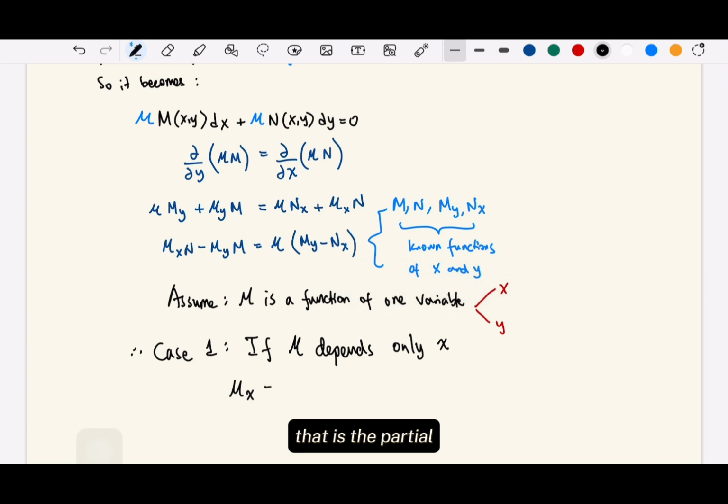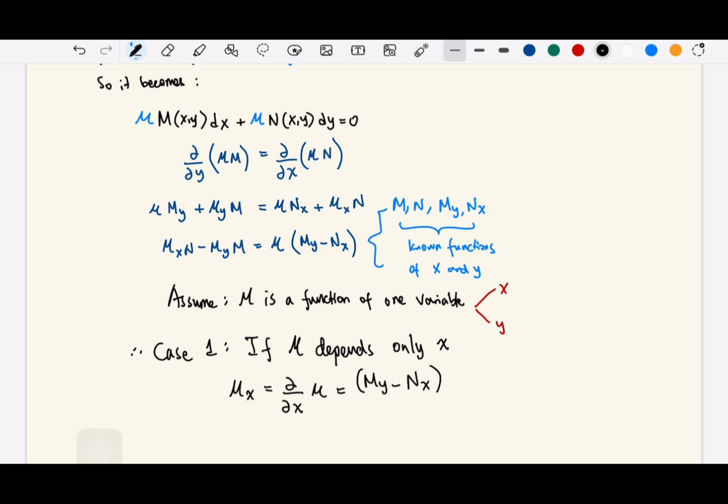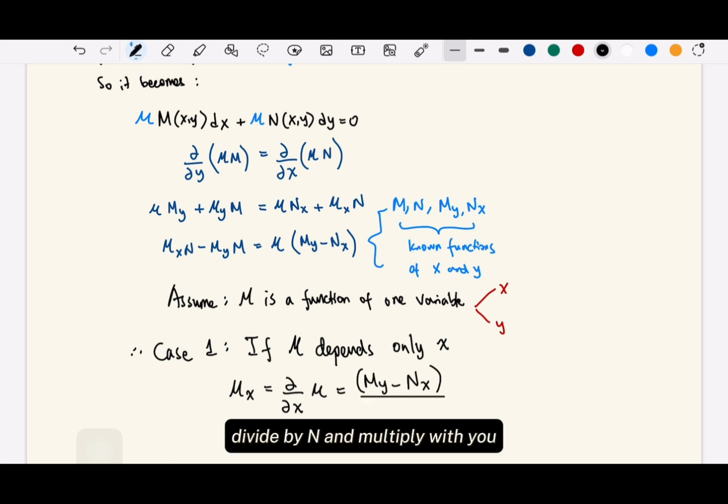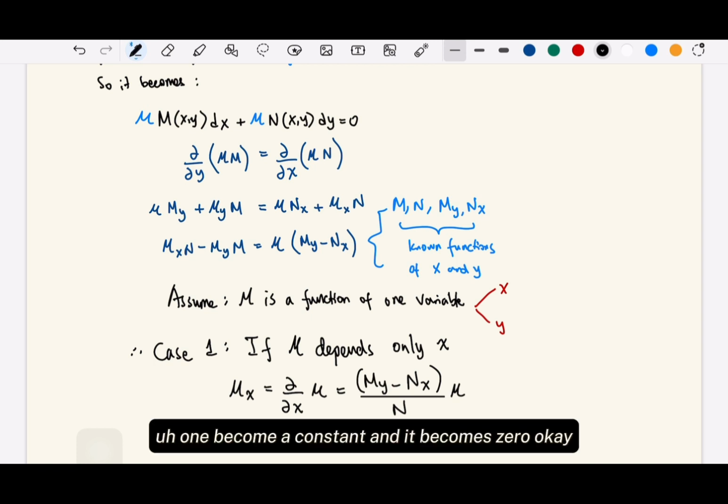That is the partial with respect to x of mu equal to m y minus n x, divided by n, multiplied by mu. Because the other part that has y becomes a constant and it becomes 0.